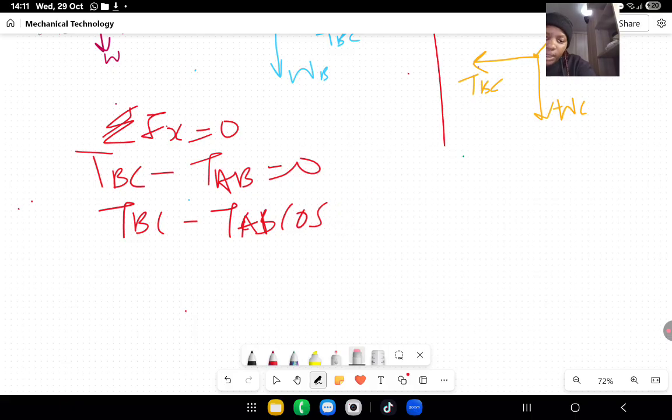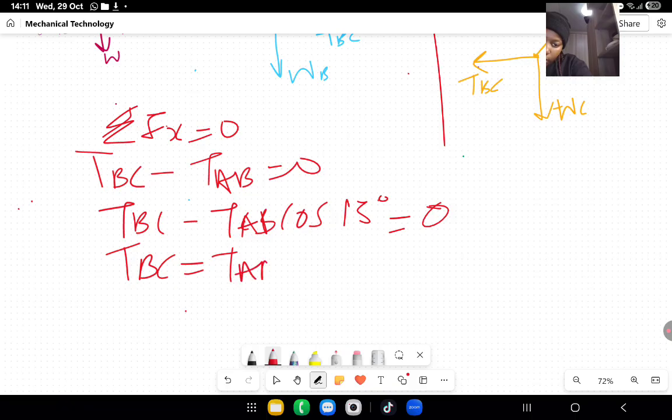They give us theta as 15 degrees. This is our equation 1. Then TBC equals TAB times the cos of 15 degrees. This is our first equation.